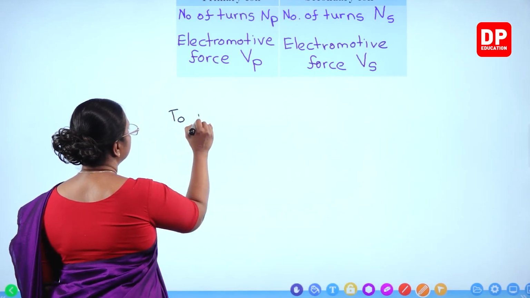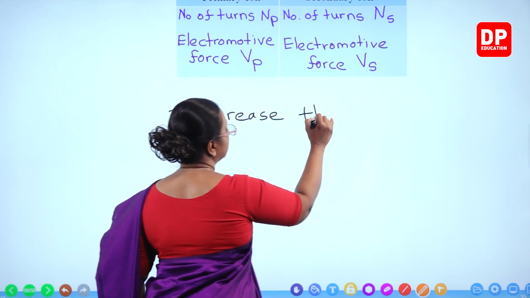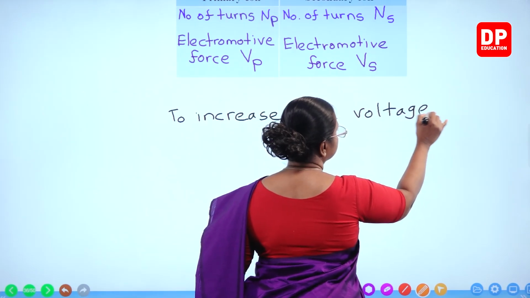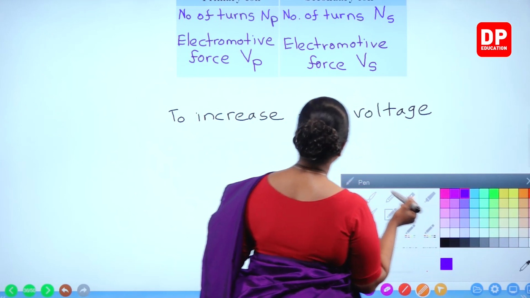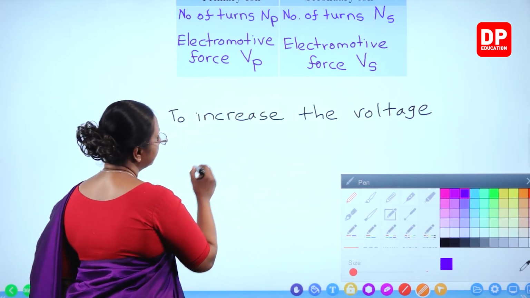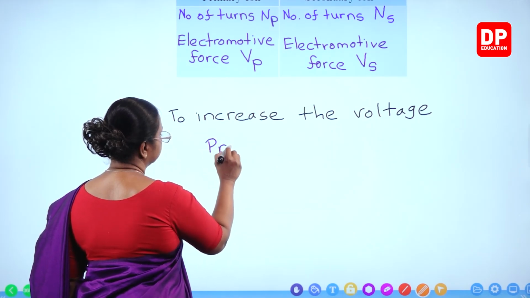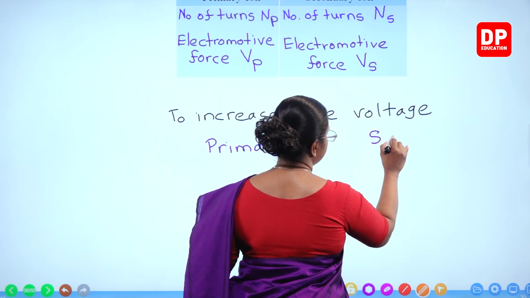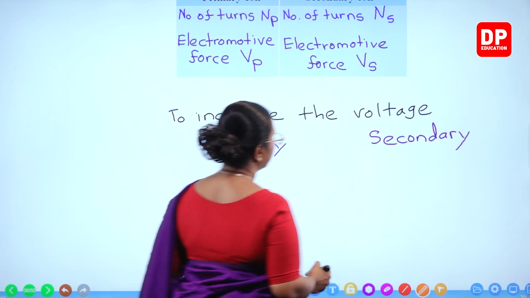To increase the voltage, what we can have is, let's say, number of turns in the primary and number of turns in the secondary.